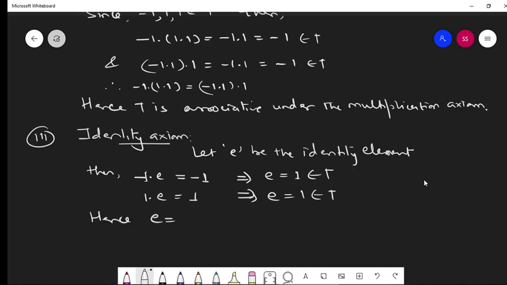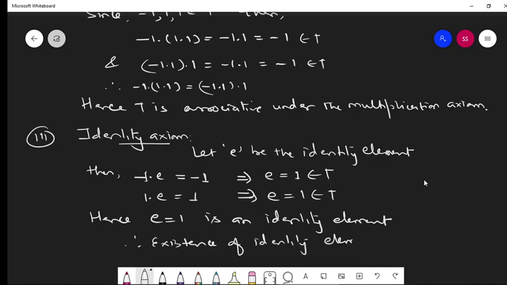Hence E equals 1 is an identity element. Therefore, the existence of the identity element is satisfied.